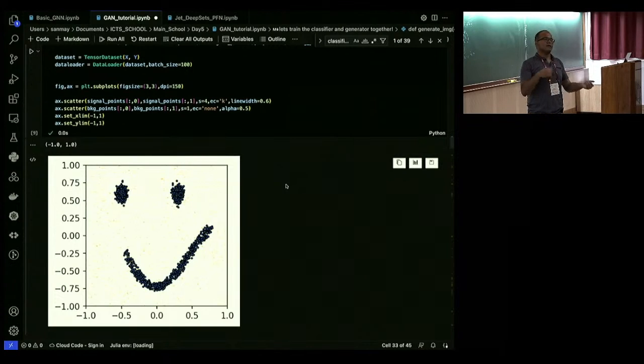But as you see, the problem here is, what is that smooth distribution, we don't know. It's not like you're sampling from a Gaussian function where you know the function. Here we don't know the function, and we want to learn that function, right? So that's the thing we try to do.